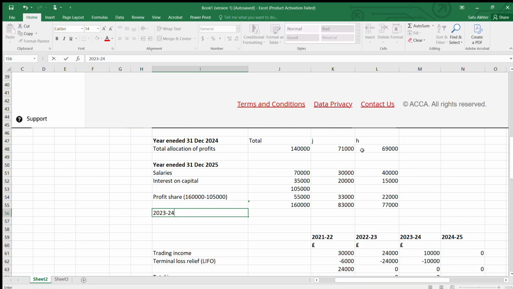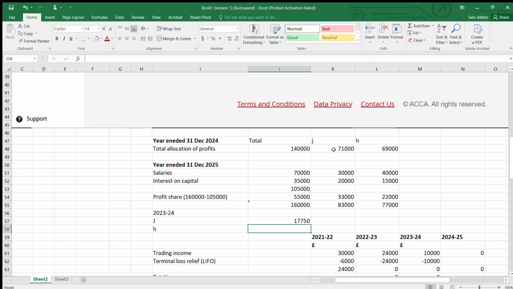So you have to take this 31st December 2024, this one, first 3 months, J and H. Okay. So here, when you're taking it, it is 71,000 into 3 months. And then for her, it is this into 3 months. Done.